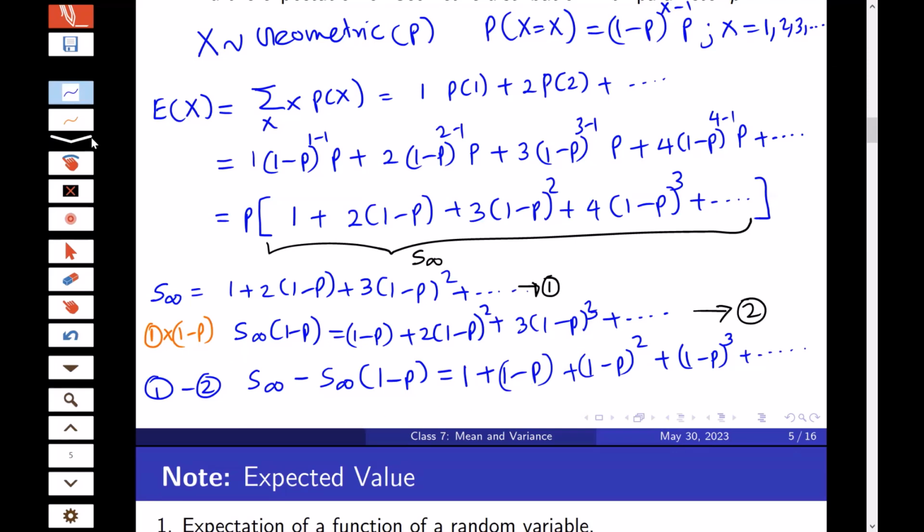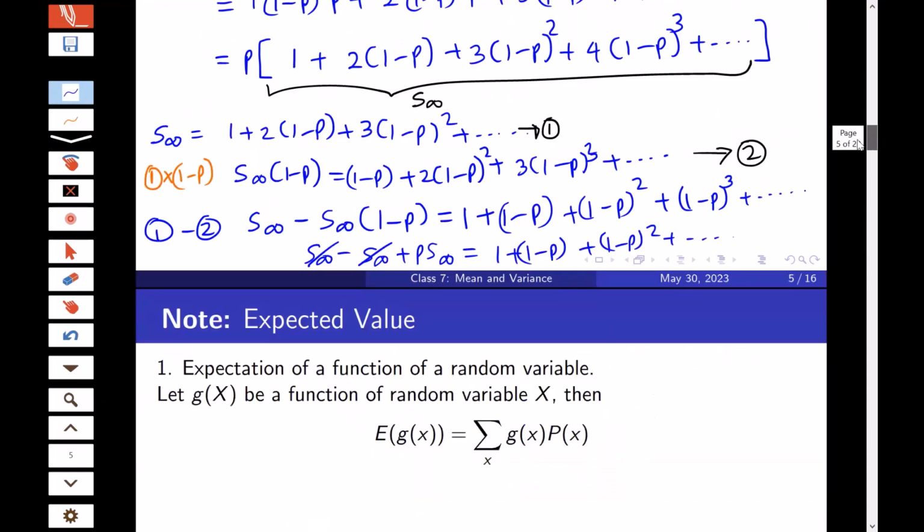Okay, so from the left hand side, it remains S infinity minus S infinity plus P times S infinity. So these two cancel. And here 1 plus 1 minus P plus 1 minus P square and so on. So this is the infinite geometric sum.